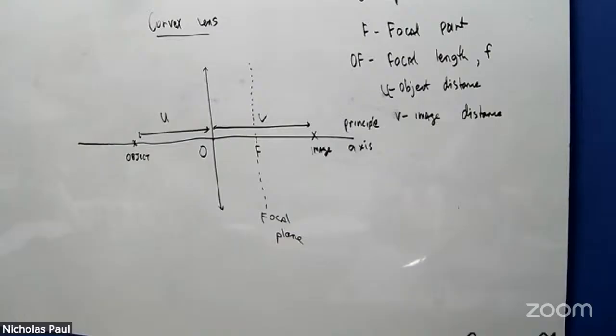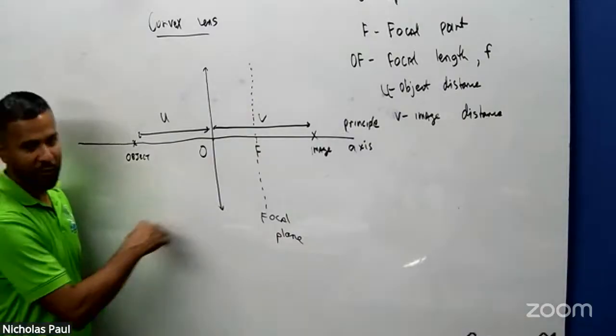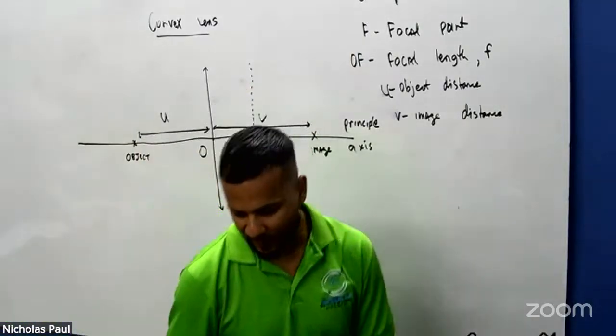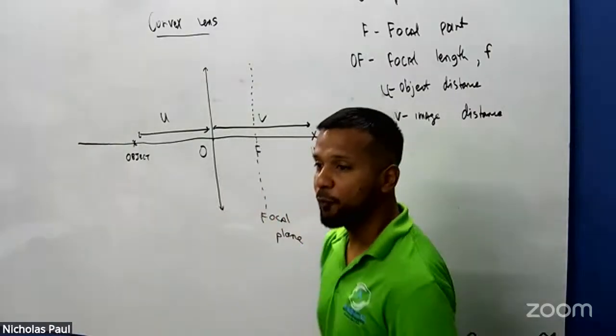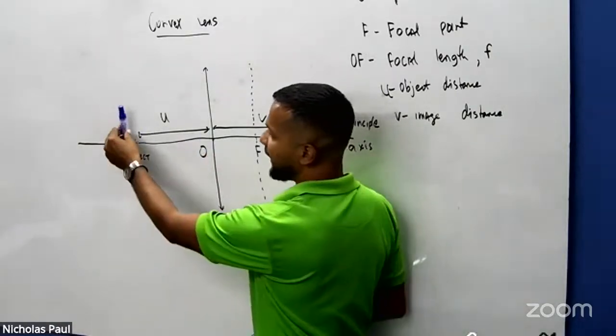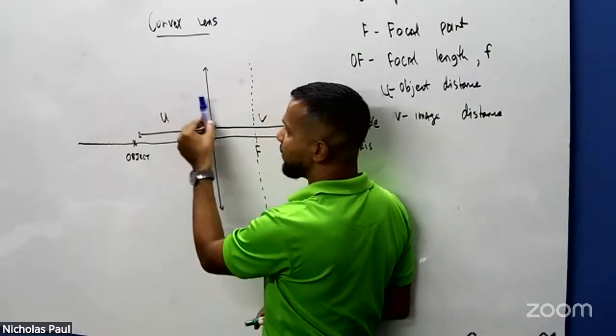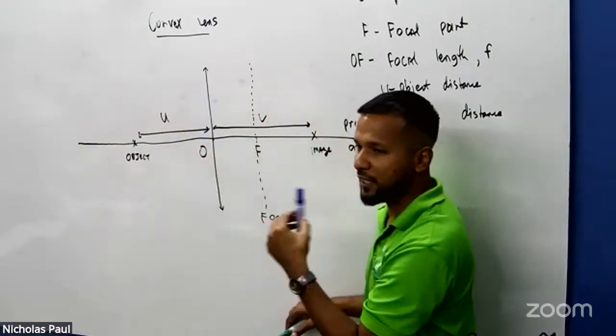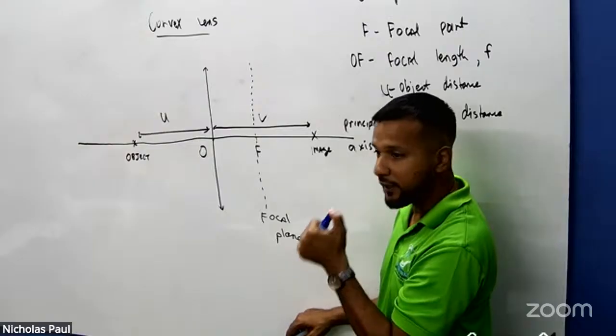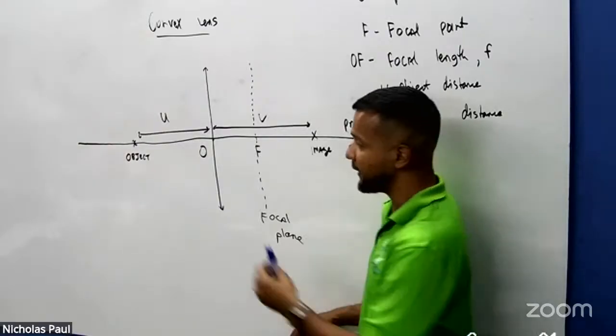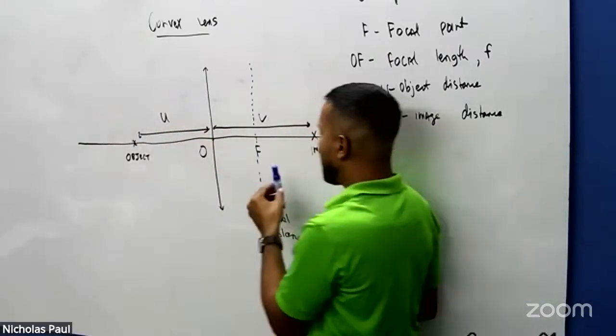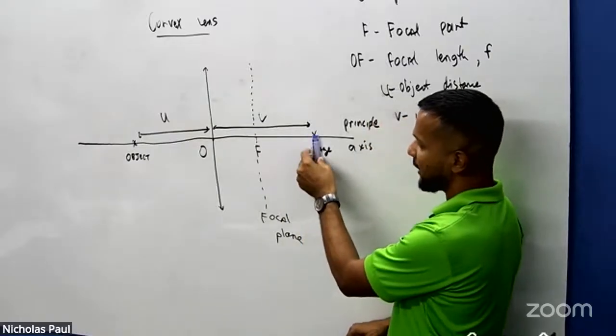All right. So that's just some definitions. So when we go to read diagrams, you'll know what all these things are. So here's what we are going to do. We are going to place an object here, and then when the rays pass through the lens, we are going to try to learn about the image. If the object is here, you're going to see that the image will look like this.